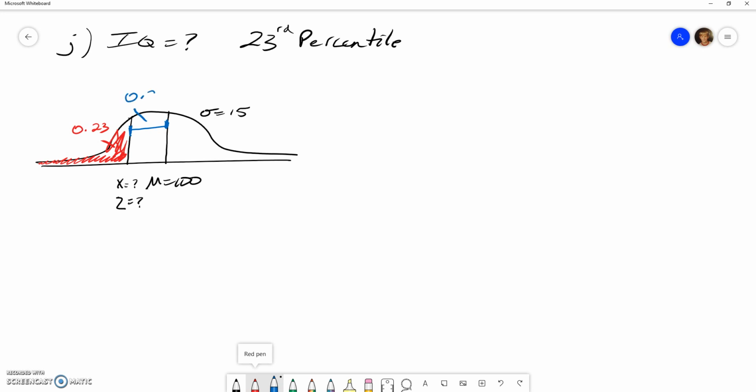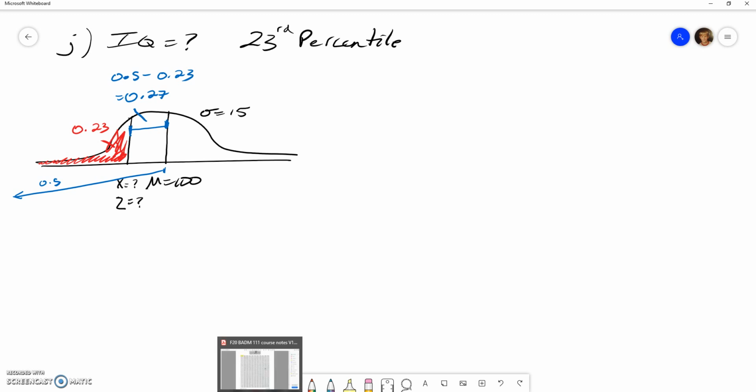This area is going to be 0.27 because 0.5 minus 0.23 equals 0.27. 0.5 because everything on the left side, everything from here all the way down there is 0.5. We know the red area is 0.23, therefore the missing part is going to be the difference. 0.5 minus 0.23 is 0.27. So that gives us 0.27, which is going to lead us to a Z value.